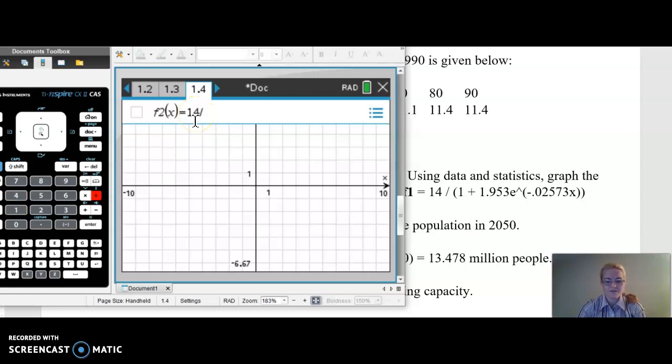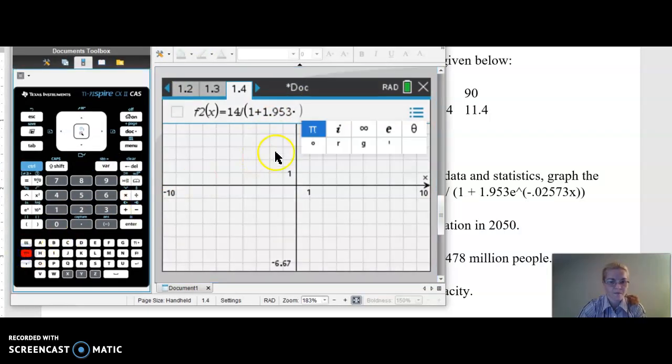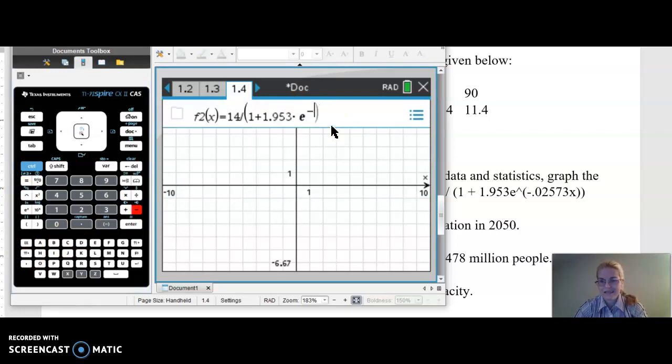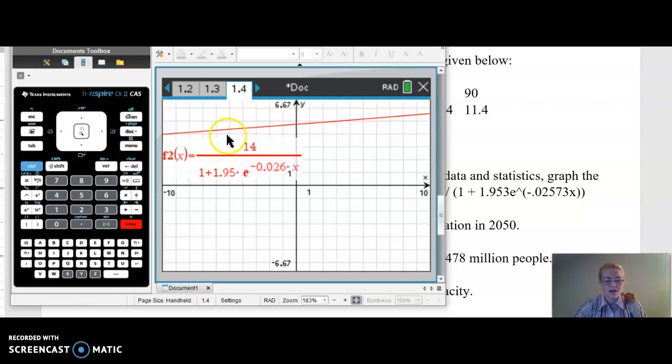So 14 divided by parentheses 1 plus 1.953 times e. Be sure you're using e to the negative 0.02573x.